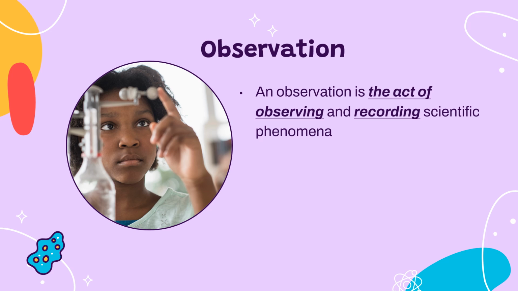At the simplest, most basic part of this, observation is the act of observing. But it's also the act of recording scientific phenomena. So you're looking at something and you are making a record of it. Now, what you're making a record of is just the facts. So exactly what is happening.